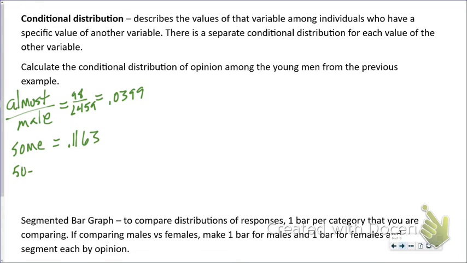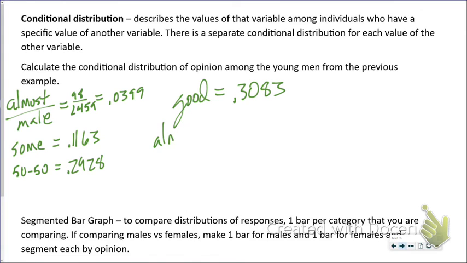For 50/50, we'll get 0.2928. For good chance, we'll get 0.3083. And almost certain, oops, I spelled that funny. There we go. We get 0.2428. And that's it. Tomorrow, off of that data, we'll make a segmented bar chart. See y'all later.